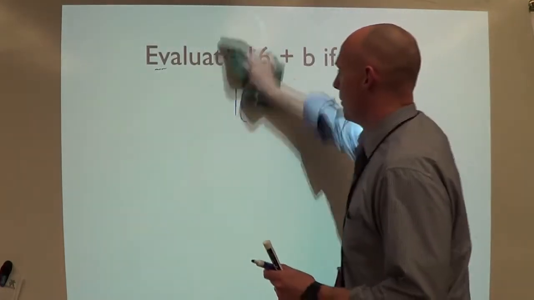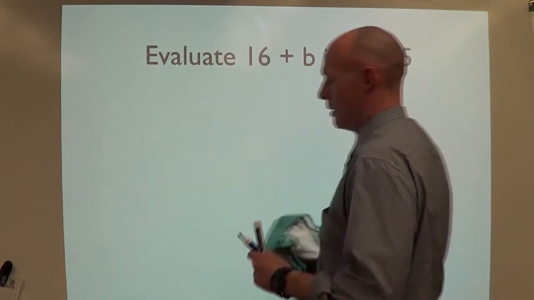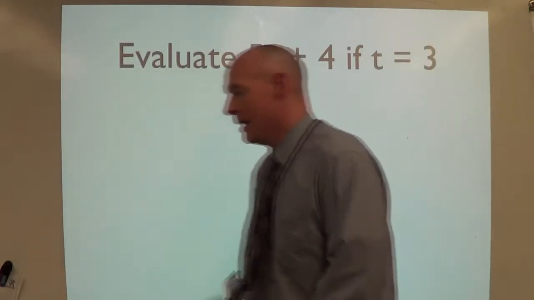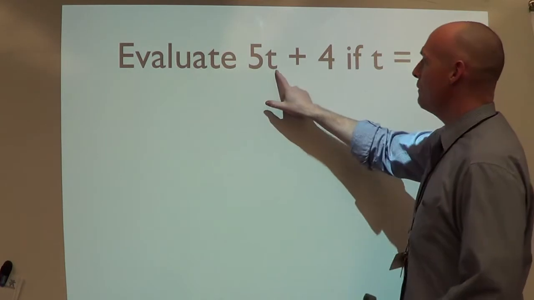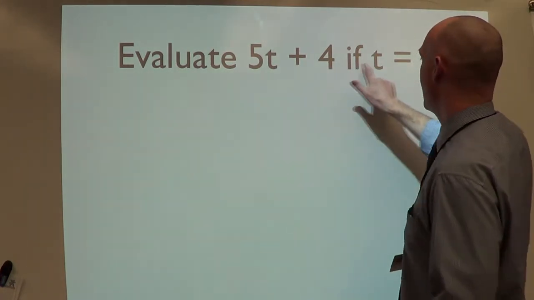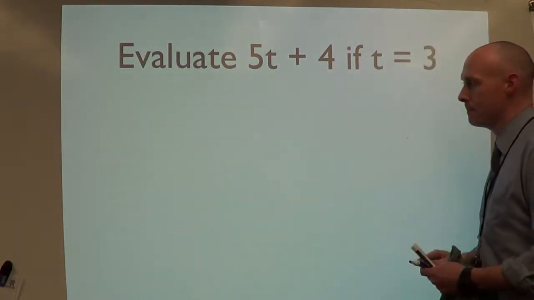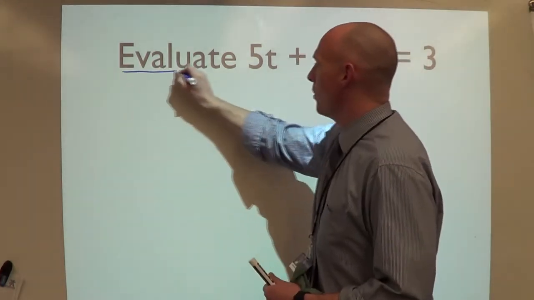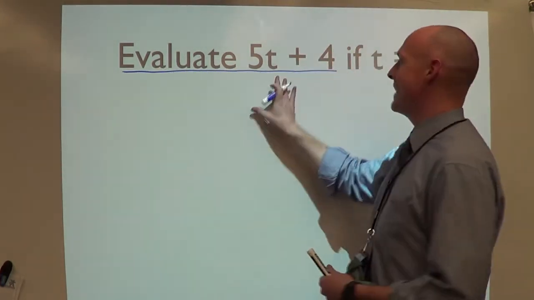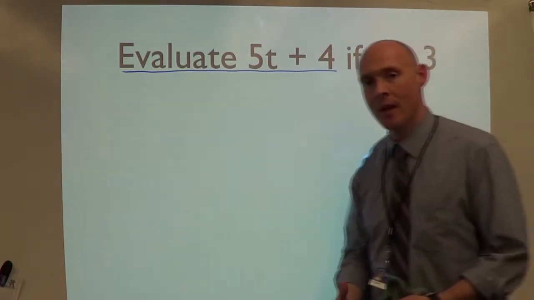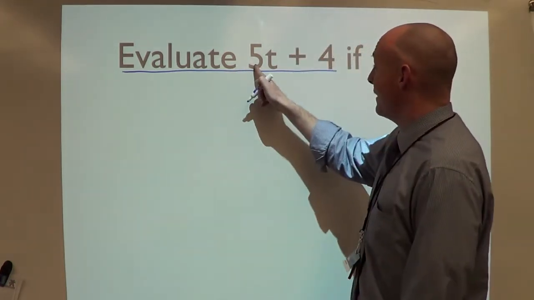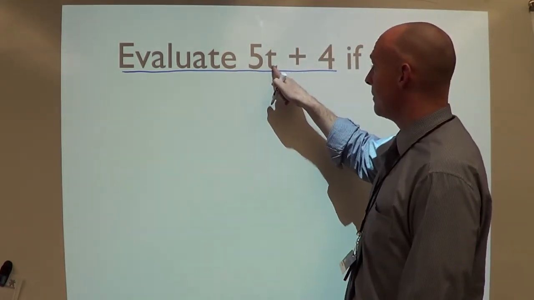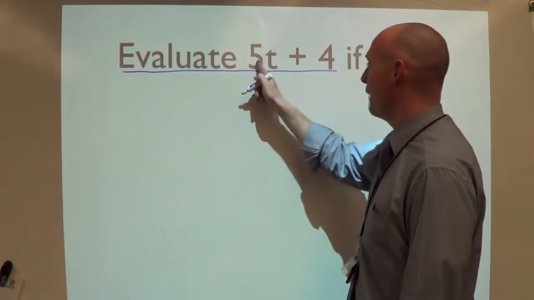And here's another example. This is evaluate 5t plus 4 if t equals 3. Now right away we know the question is to evaluate, so we have to solve that. 5 times t. Notice when I initially read it, I just said 5t.